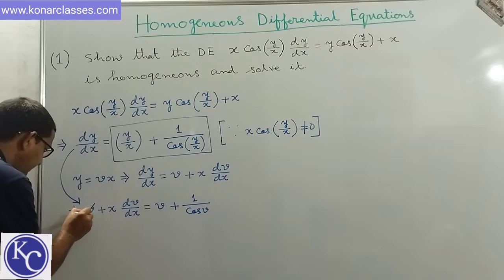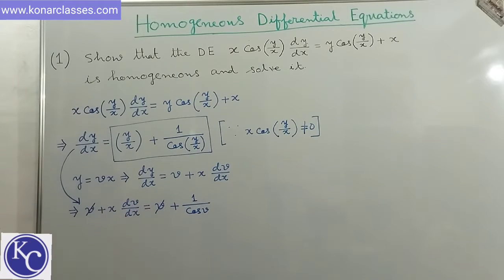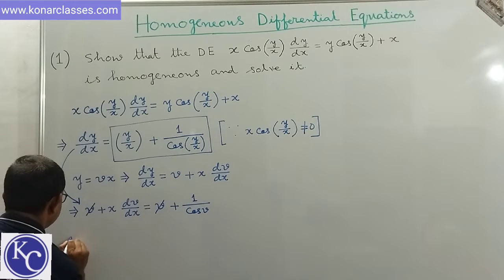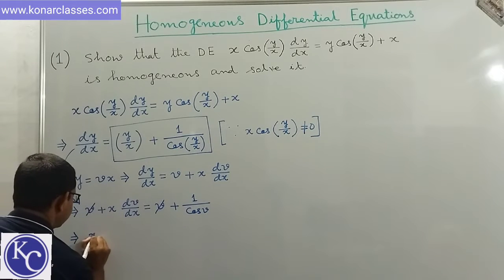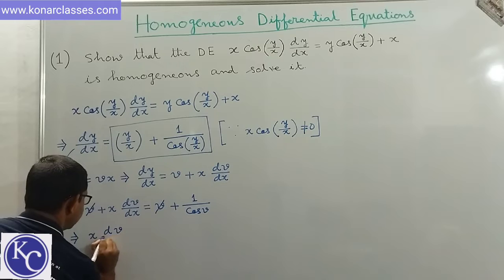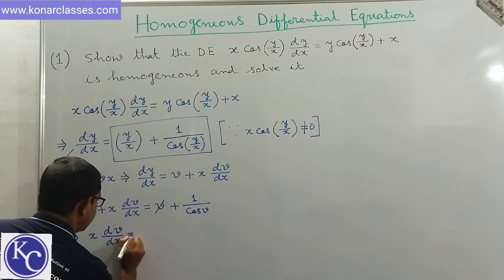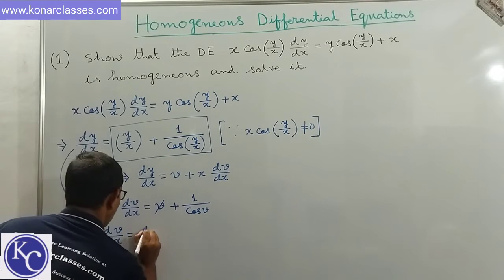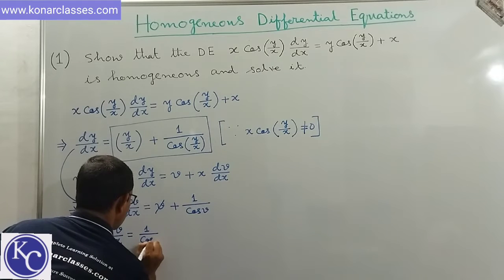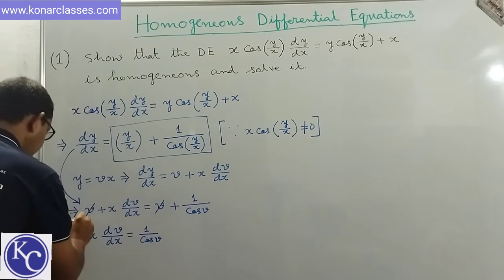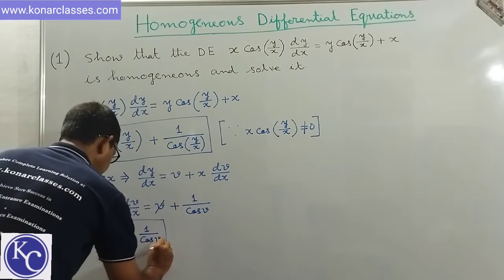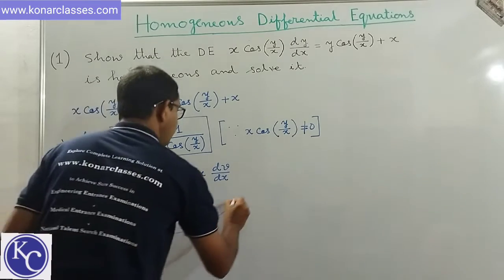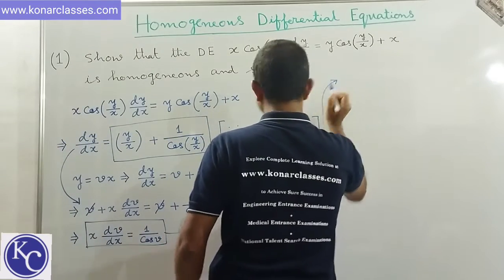So if we see, v and v got cancelled. So what we are left with? We are left with x dv/dx is equal to 1 by cos v.